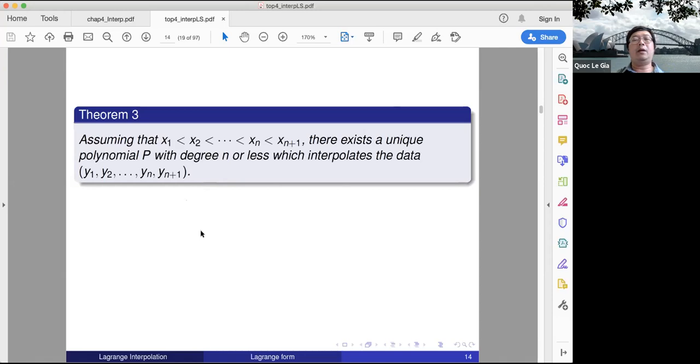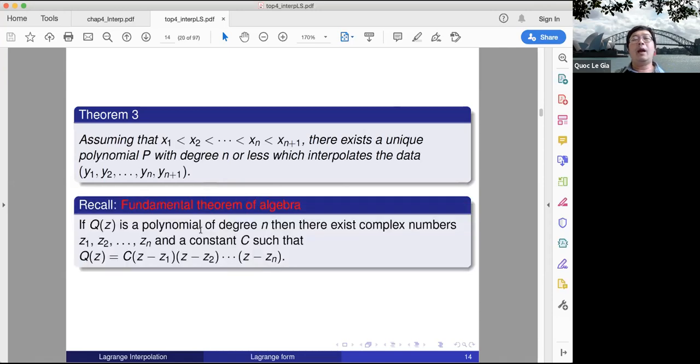You can prove that rigorously, and we prove it by the fundamental theorem of algebra. So this theorem you might have seen in first year algebra. If you have a polynomial of degree n, then there exist n complex numbers and some constant c, so then you can write down the polynomial q as a product of those linear terms.